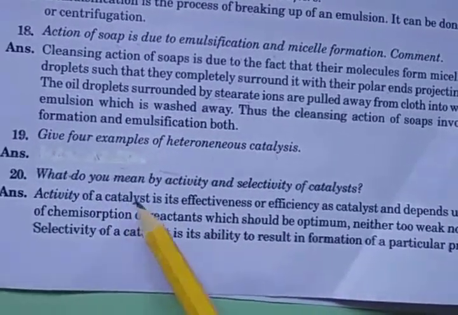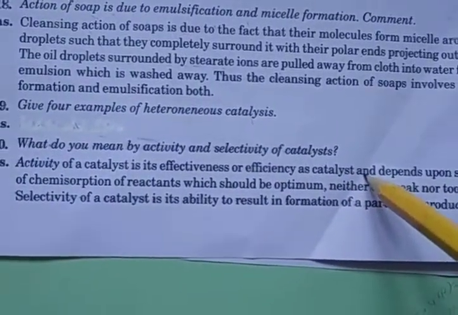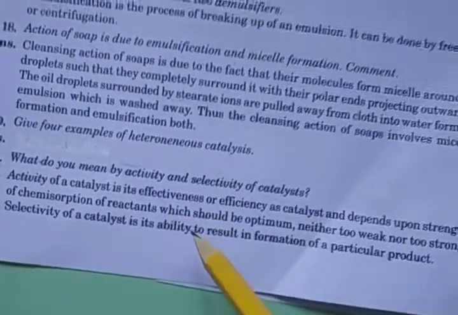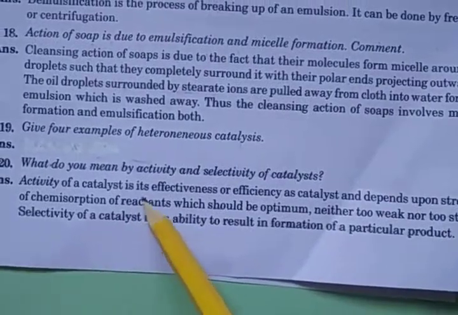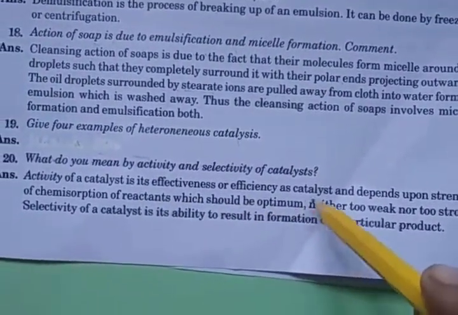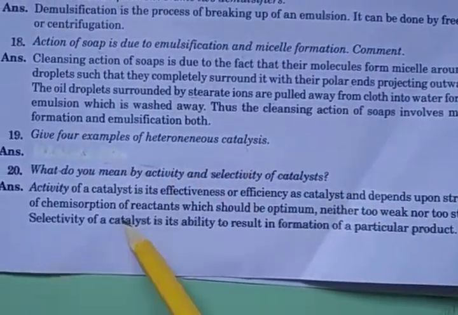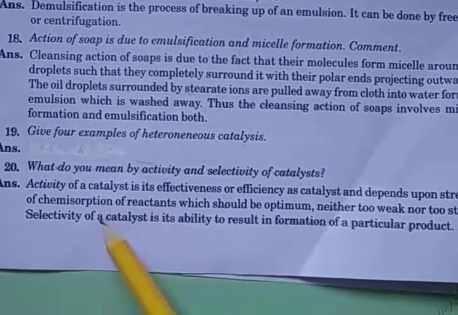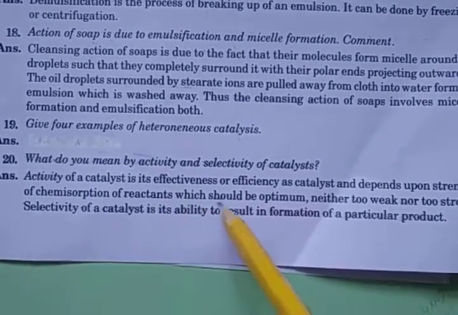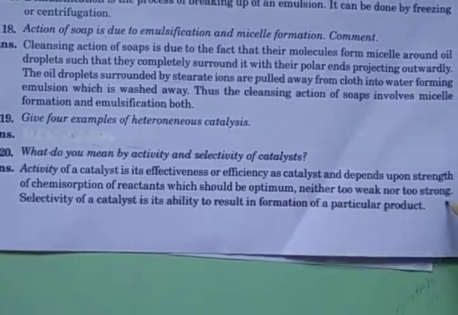Question number 20, what do you mean by activity and selectivity of a catalyst? Activity of a catalyst is its effectiveness or efficiency as a catalyst, and depends upon the strength of the chemisorption of reactant, that means the chemical bond, which should be optimum, neither too weak nor too strong.